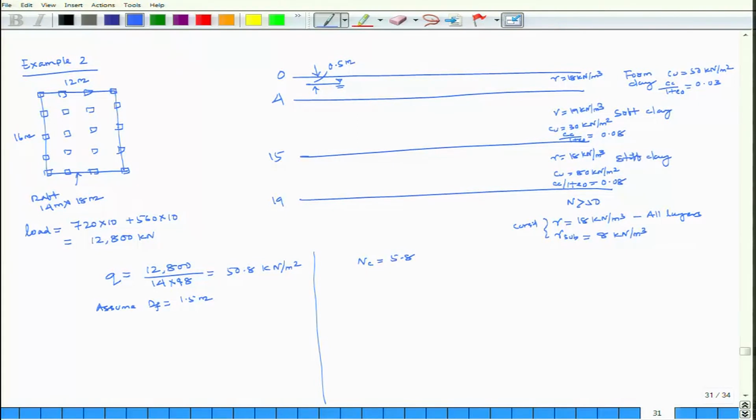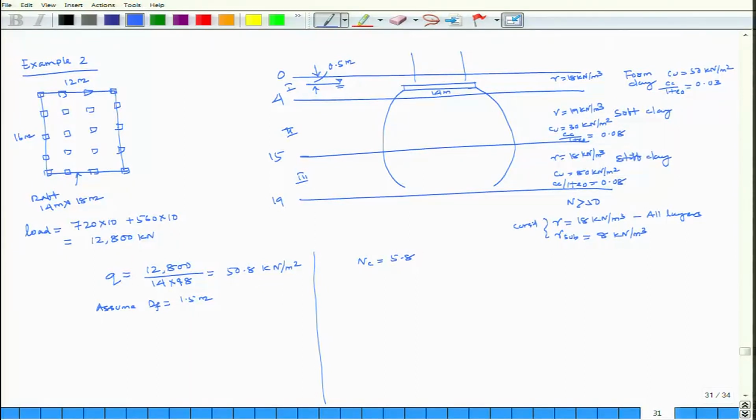So, if you look at here, this is my zone 1, this is my zone 2, this is my zone 3. If I put it here in this way, and this is my 14 meter, this is my pressure bulb, then what will happen?